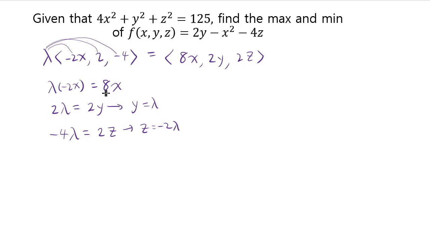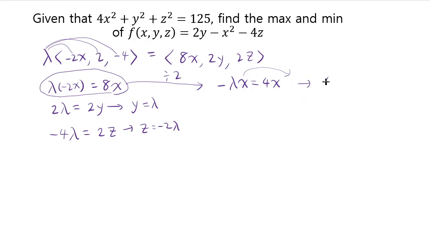But what about this? Well, that one, first let's divide by 2. So you get negative lambda x equals 4x. And then I want to move this lambda x to the other side, so you get 4x plus lambda x equals 0.